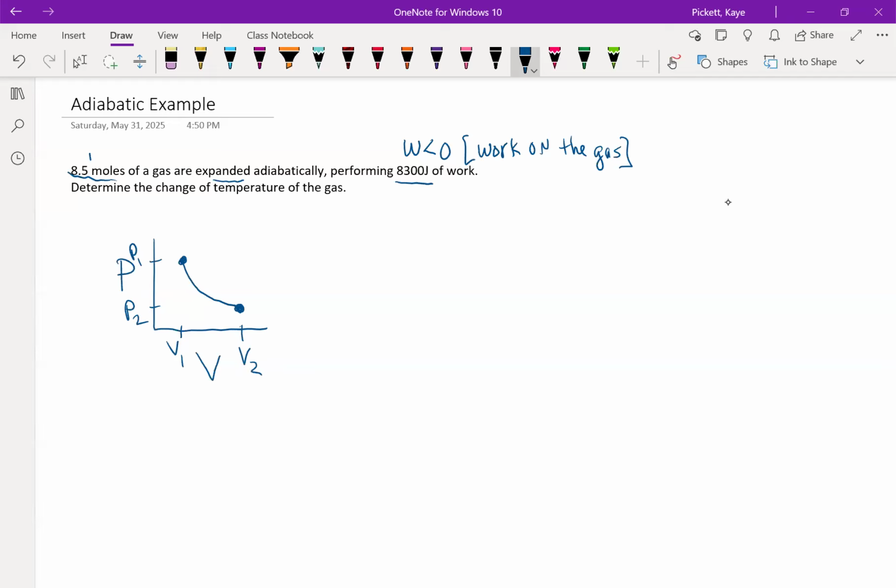That's going to be my n, and I really want delta T. Okay, so I've got PV equals nRT, and that's cool, except that I don't really need that. I don't know P, I don't know V, so I can't use this equation.